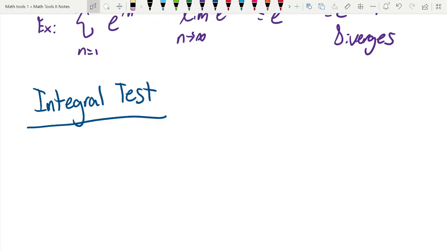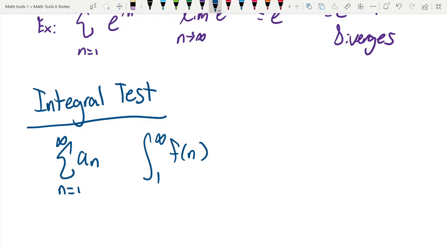With the series, we're trying to show that the sum of some sequence from n equals 1 to infinity is convergent. And then with the integral, maybe we could show from 1 to infinity of some function instead. Maybe you call it f sub n or f of x or whatever.